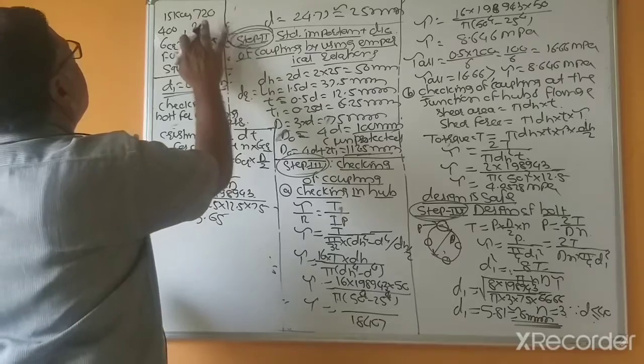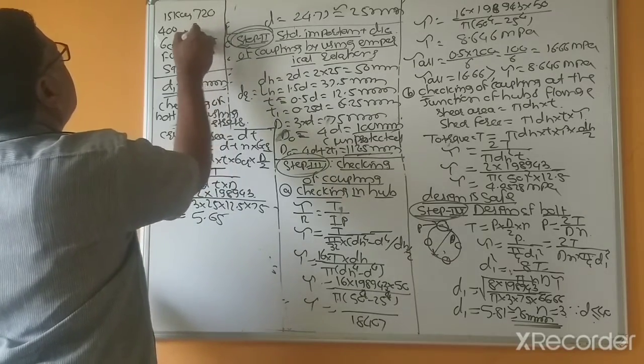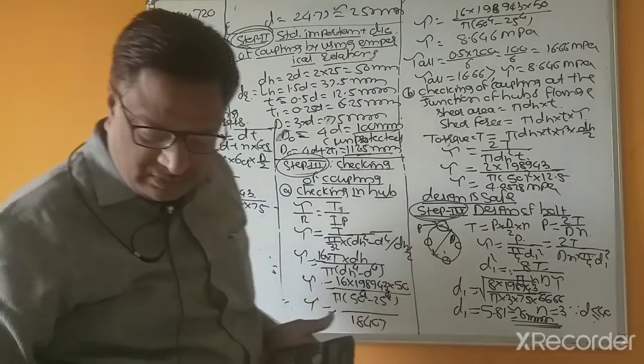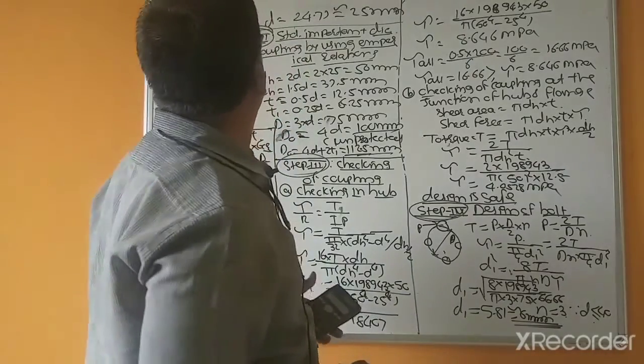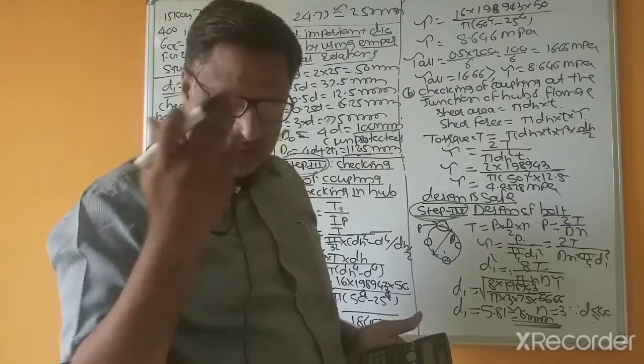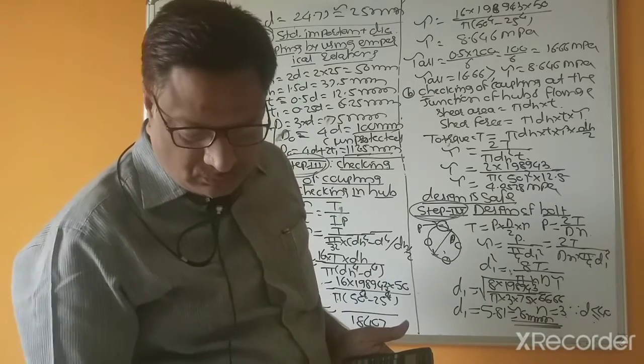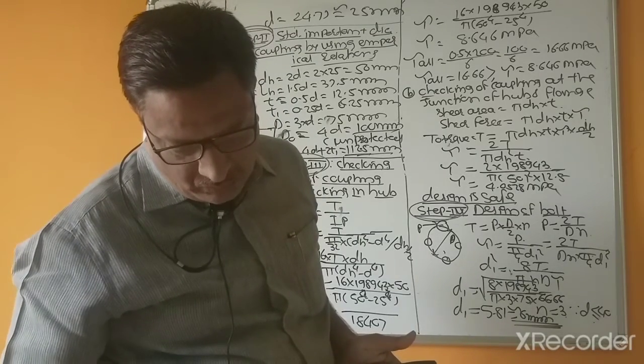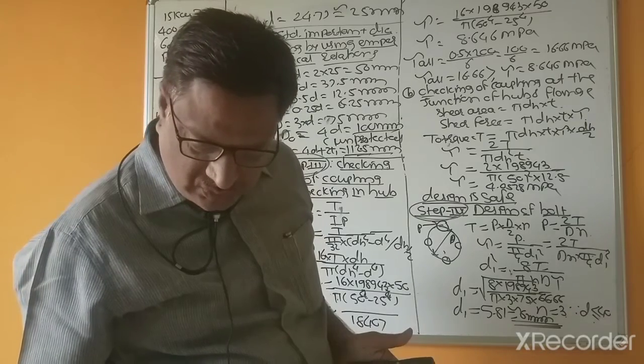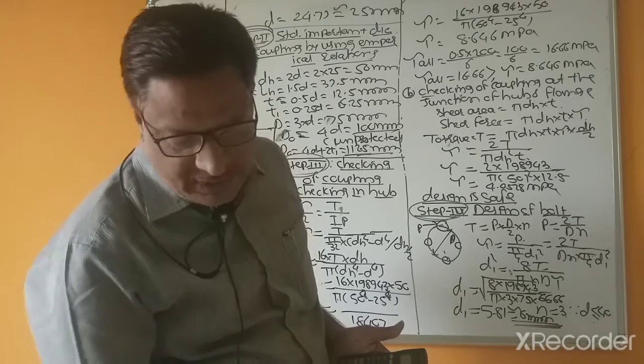This is right, factor of safety equal to 3, because that is 66, 200 divided by 3, right. Which values do we require?